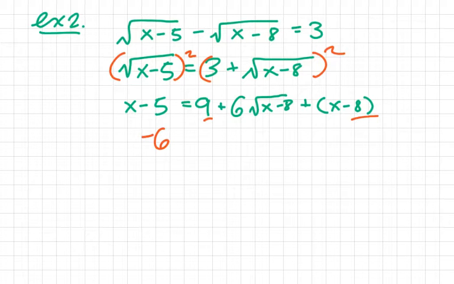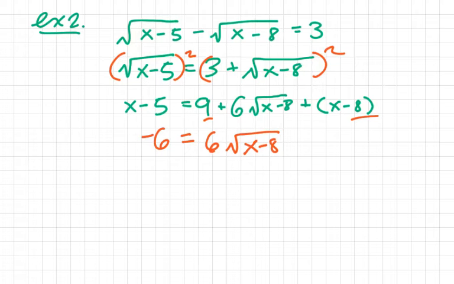And it's going to be 2x, right? Is that right? No. Oh, these drop out. Interesting. Okay. So we have a negative 6 is equal to 6 square root x minus 8. All right.